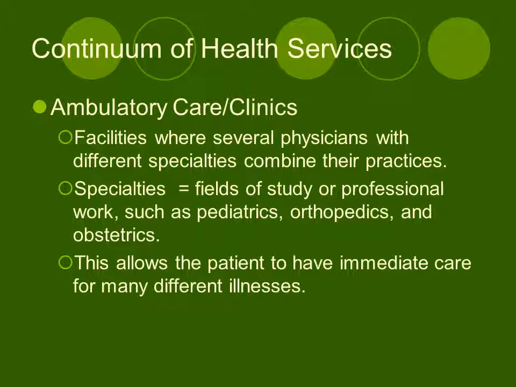Usually it's because they have gone through some type of ambulatory care or they're coming from a clinic. Ambulatory care are places where several physicians with different specialties come together, combine their practices, and help to deliver the best possible care they can to their patients.